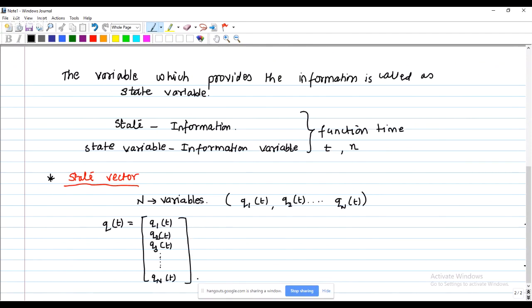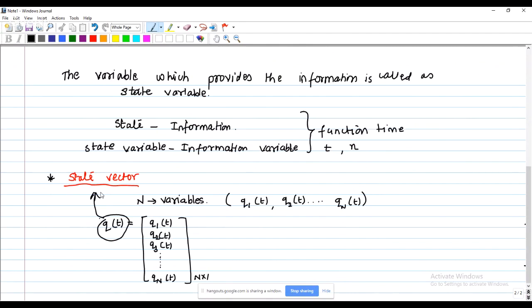So this is an n cross 1 vector, which we call a state vector. The state vector consists of a collection of n such variables collected together to represent a vector.